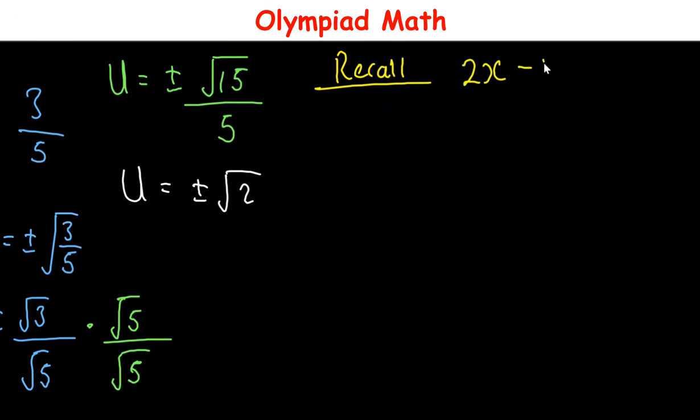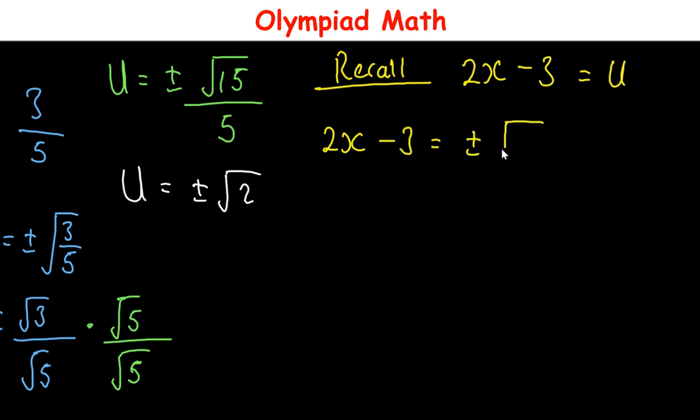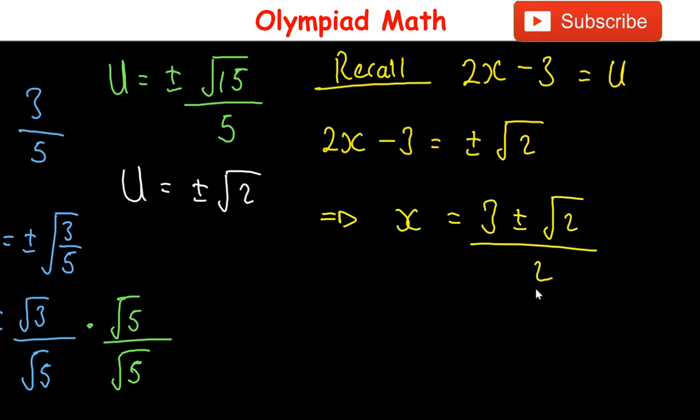For u as plus or minus root 2, this becomes 2x - 3 = plus or minus the square root of 2. This implies that the value of x is equal to 3 plus or minus the square root of 2, all divided by 2. And this is the first and the second solution of x.